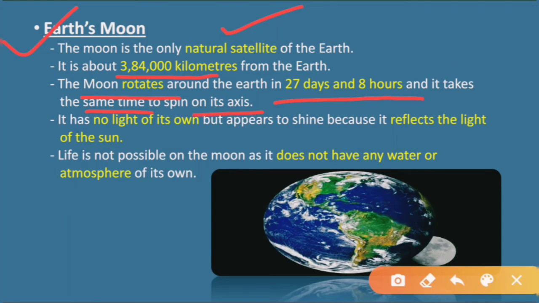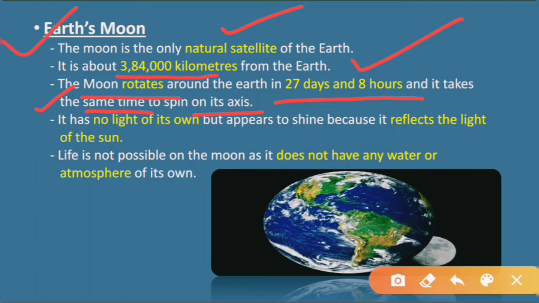As I told you, the planets or the moon move in two ways. One is they move around, and one is they move in their place only. So the moon takes 27 days and 8 hours to move around the planet earth, plus it takes the same time to move on its own axis, means to move in its own place.